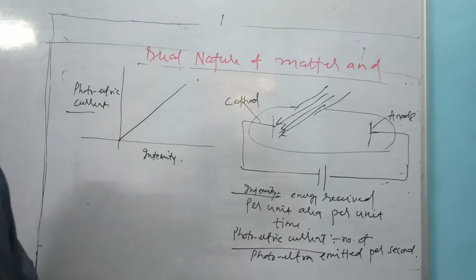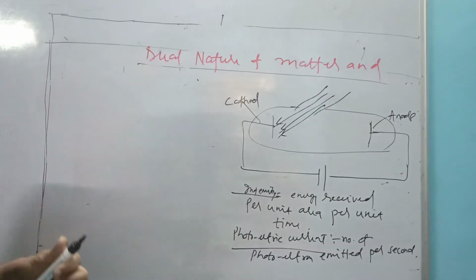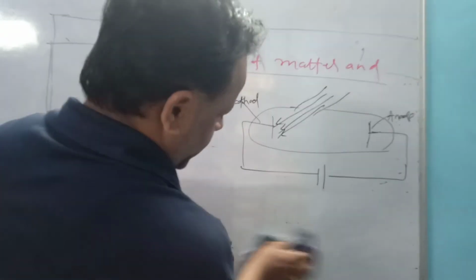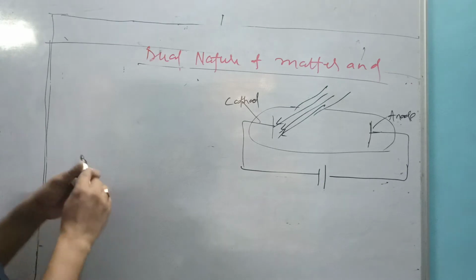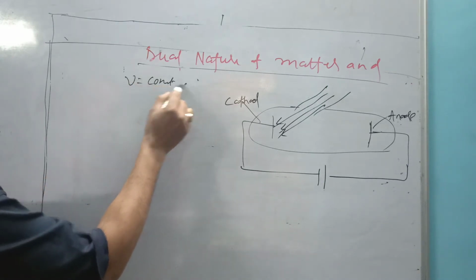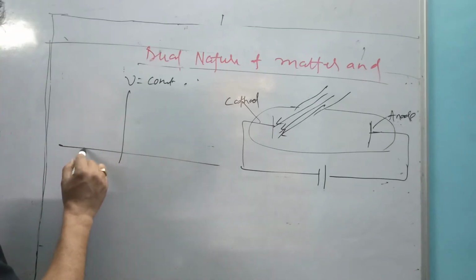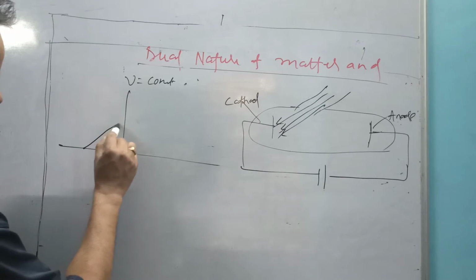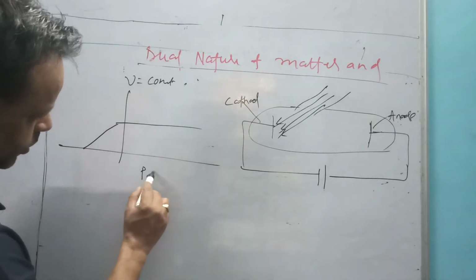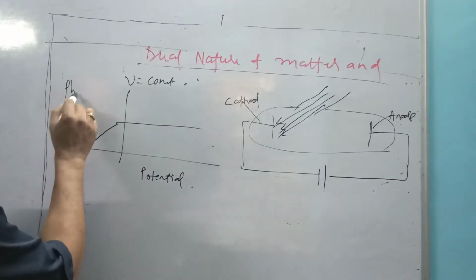See, now what was observed, suppose we kept frequency constant, and what we did was that we increased the intensity of light. See, this is the graph between potential versus photoelectric current.